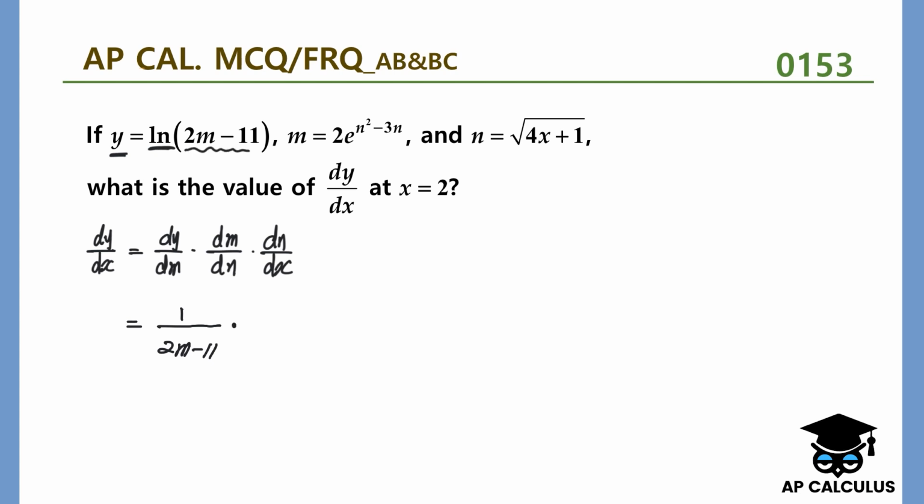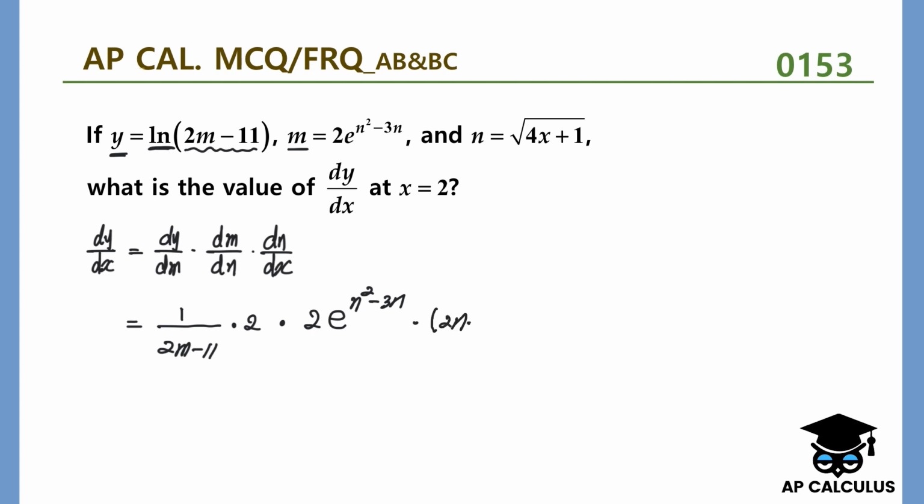The derivative of 2m minus 11, that's 2, right? Now the derivative of m with respect to n. So the m function is right here. That's exponential, so we have to rewrite this exponential function times the derivative of this, chain rule, right?